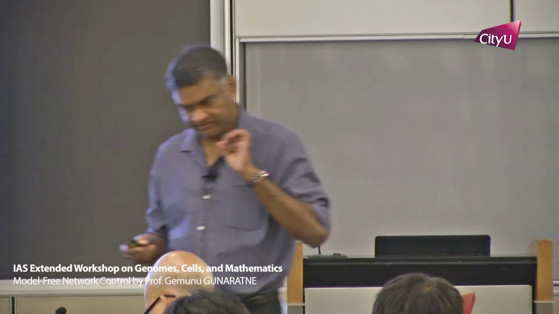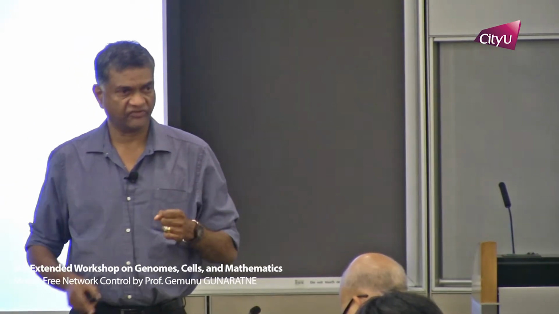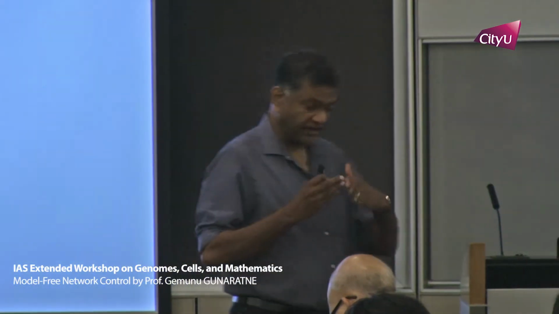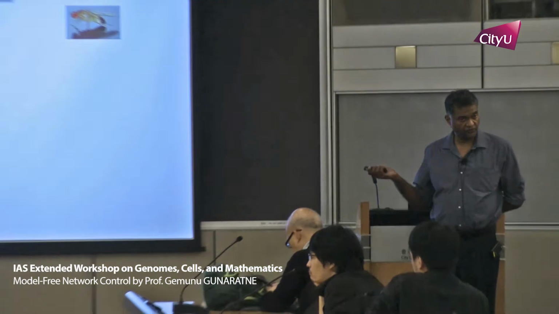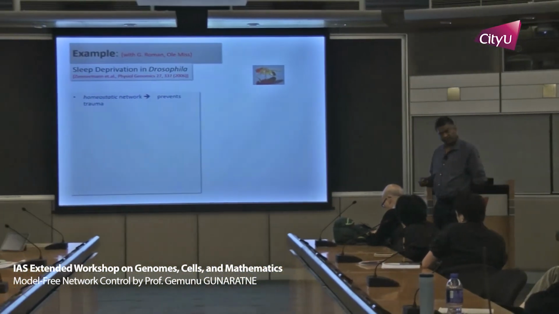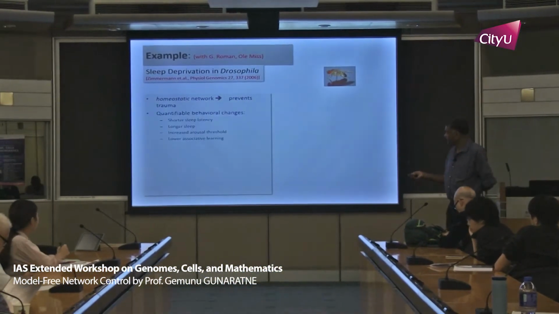And then they take their heads and sequence them to find out how the gene expression levels have changed. What they know is that there's a network. The sleep deprivation can damage them, but there's what's called a homeostatic network, which prevents damage.